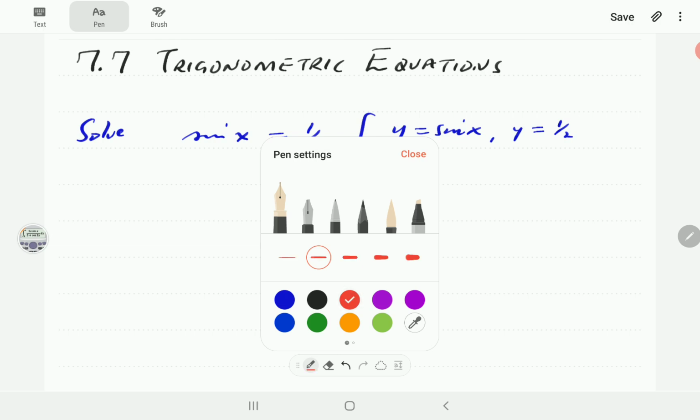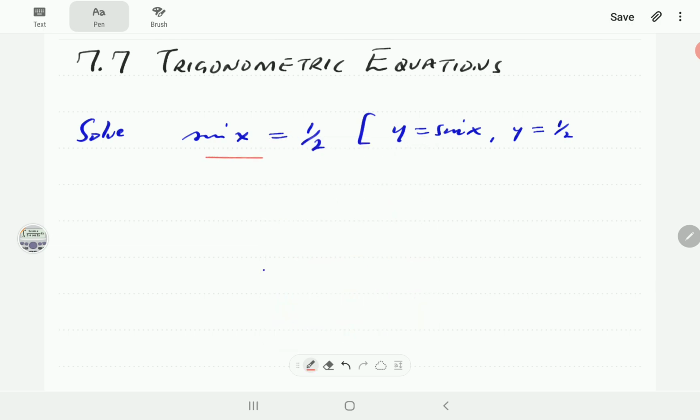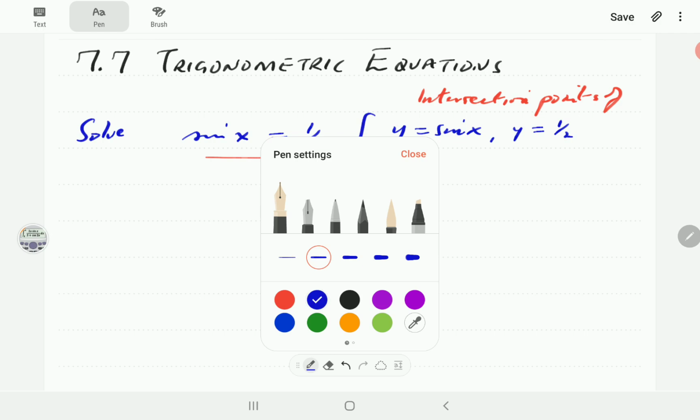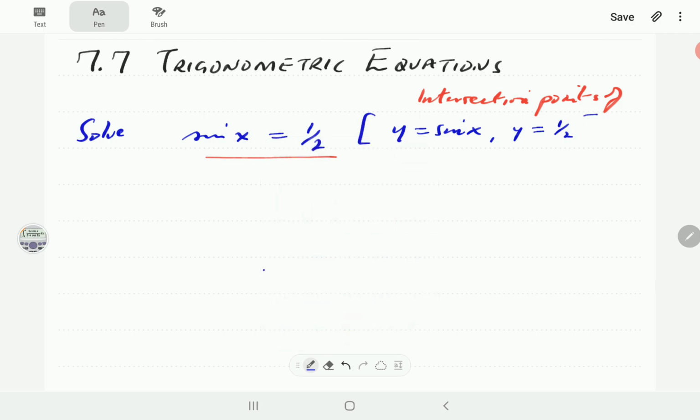So we're saying the solutions of this equation are the intersection points of y equals sine x and y equals 1/2.